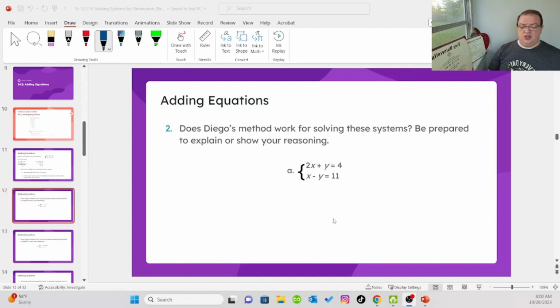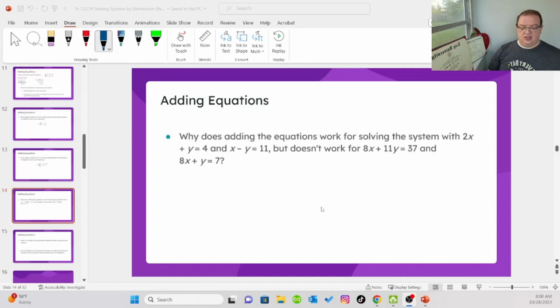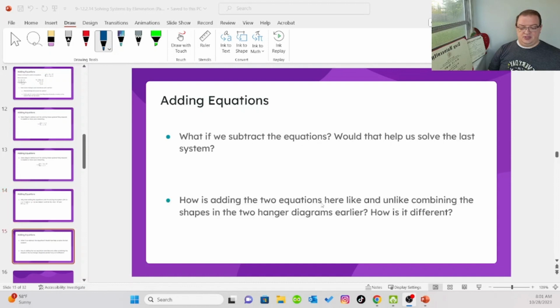Number 2, does Diego's method work for solving these systems? Be prepared to explain or show your reasoning. Why does adding the equations work for solving the system with 2x plus y equals 4 and x minus y equals 11, but doesn't work for ax plus 11y equals 37 and 8x plus y equals 7?